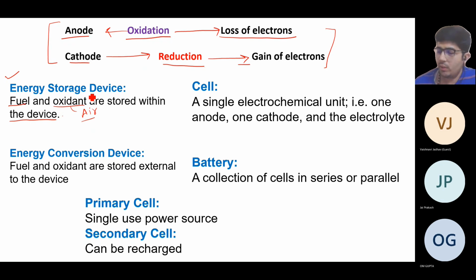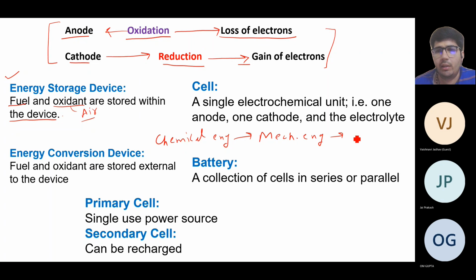So there is first chemical energy, then mechanical energy, and then electrical energy. So you can say there are two processes: chemical to mechanical and mechanical to electrical.